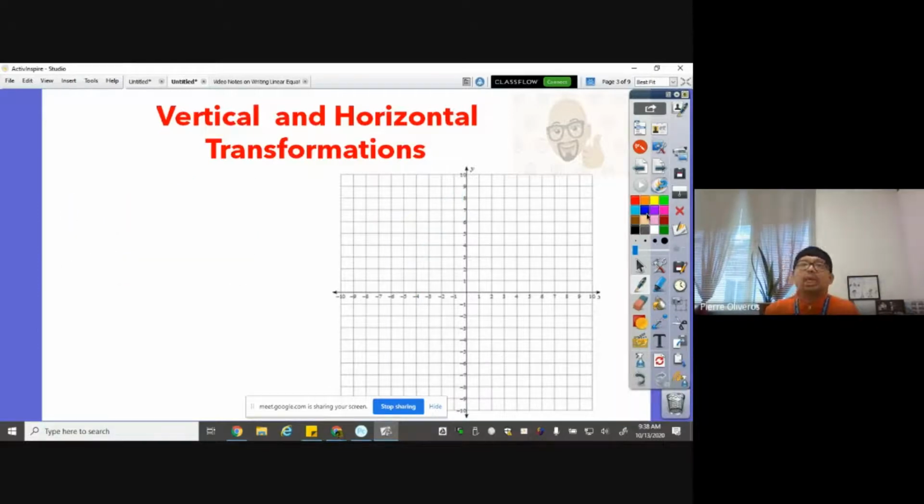What if there's a number outside? Let's say you have y equals 2 times the absolute value of x plus 3. Again, this is x plus 3, that's sideways, so we're going to go to the left 3. That's negative 3, and there's no number outside, no plus or minus right here. That means there's no vertical shifting, so the vertex there is 0, negative 3. But look, there's a 2 outside the absolute value.